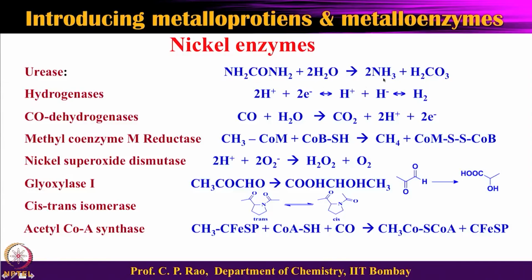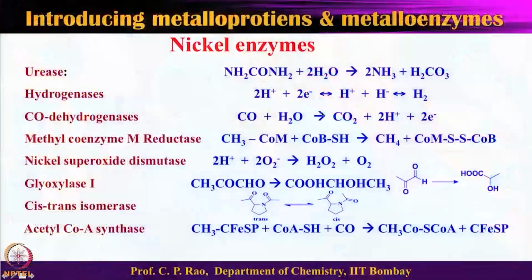You can see here ammonia, hydrogen, CO2, methane, O2, and the only case where you do not see any gas is glyoxylase and cis trans isomerase. Therefore, we can generally classify that the enzymes of nickel are primarily associated with either the utilization or the generation of gas molecules. Having said that, now let us go through these reactions one by one.